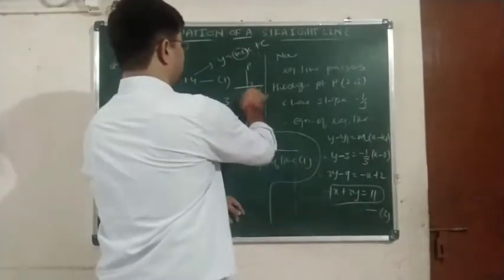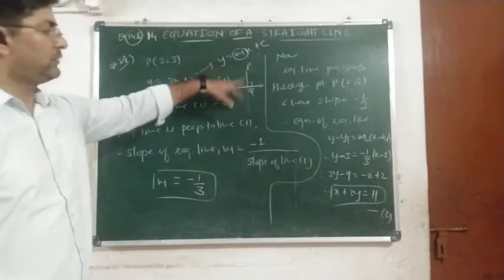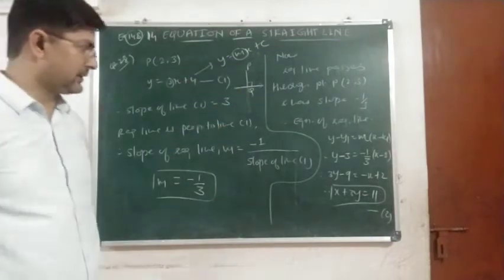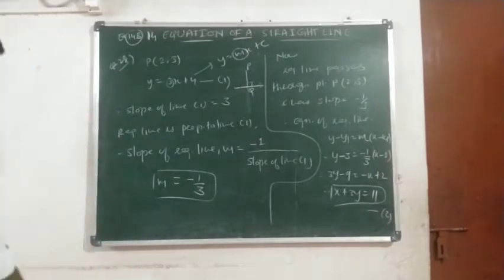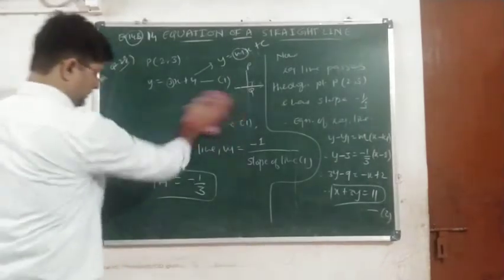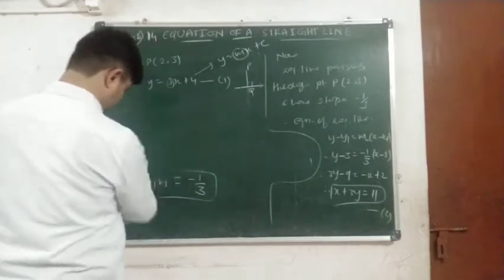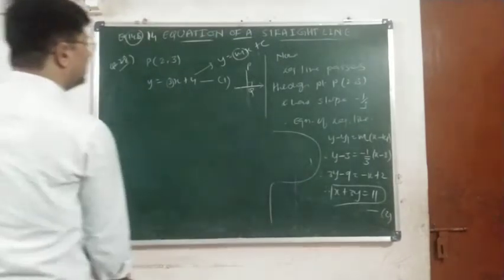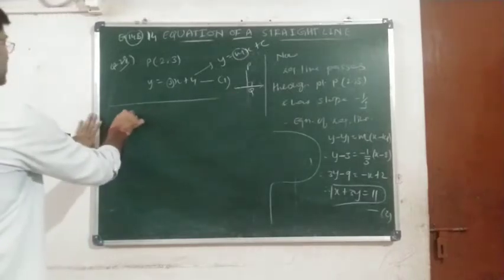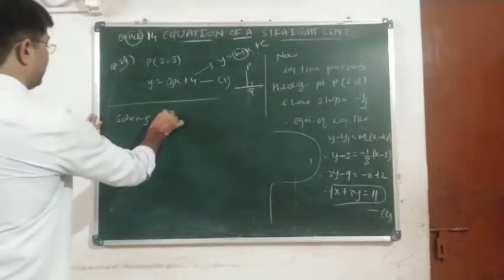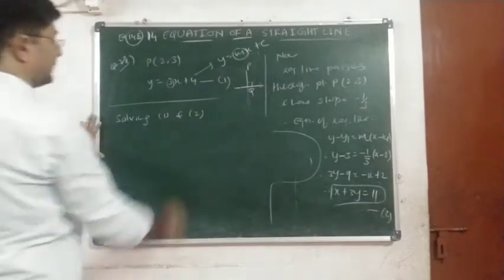So in order to find the foot of the perpendicular Q, we have to solve the two lines. Okay, so solving equations 1 and 2.